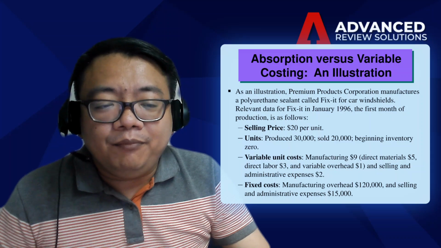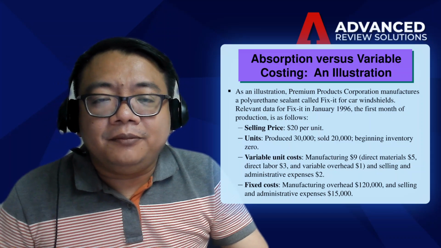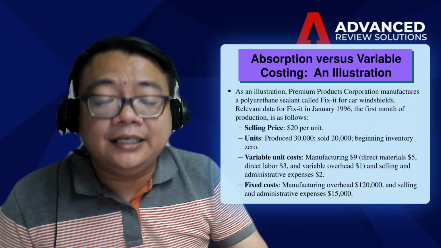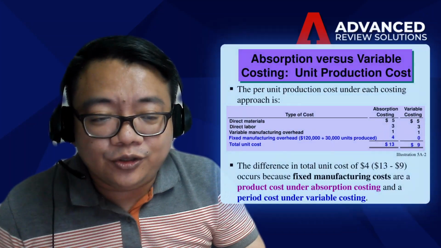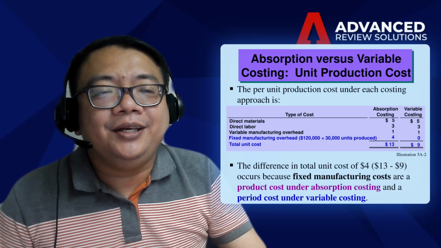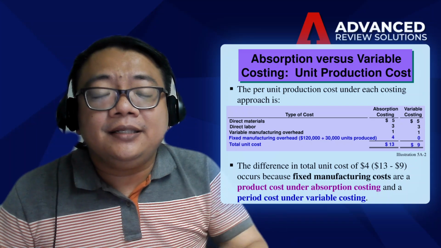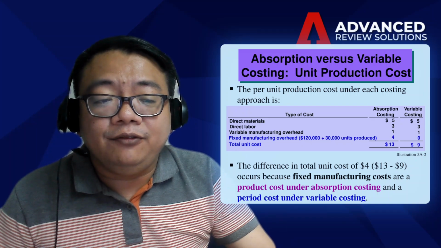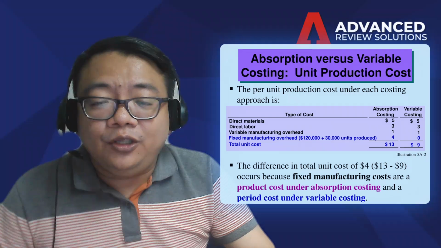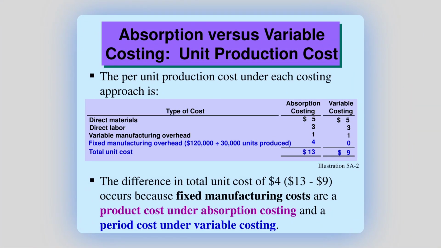Why? Because fixed cost is not dependent on activity. Wala akong pakialam in terms of the units sold, because fixed costs remain the same regardless of the activity level. That's why, class, the fixed manufacturing overhead is 120,000 divided by 30,000 units produced, which gives $4.